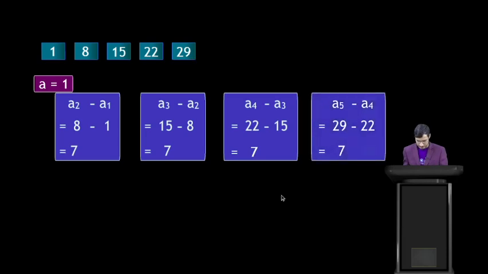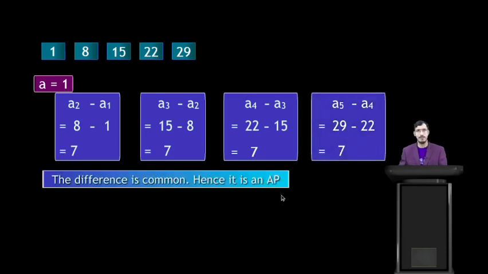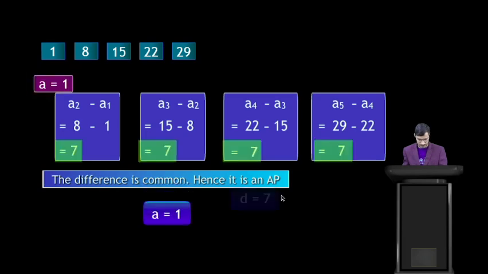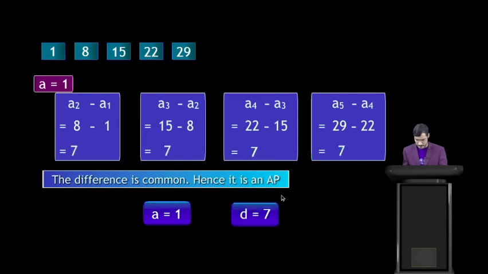The difference is common, so hence it is an AP. So students, remember always the definition of an AP and the pattern of an AP. The common difference is always the same. So A is equal to 1 here and the common difference is 7 here.